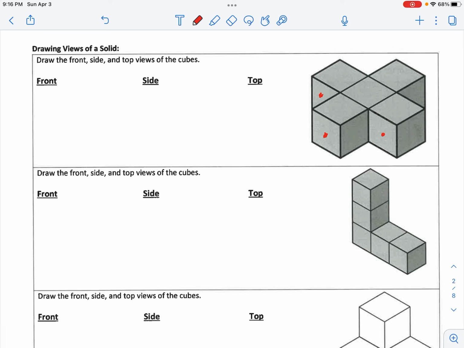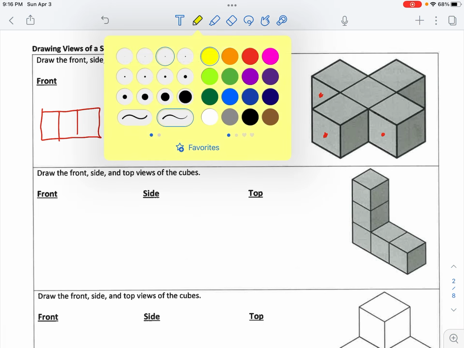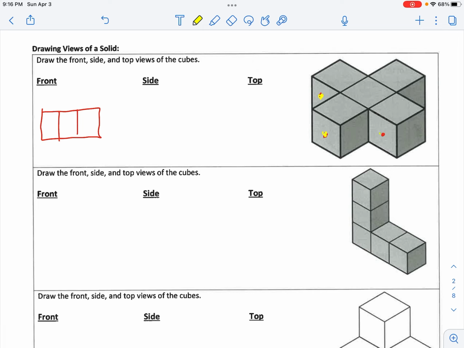So if we were looking at it just straight from the front, our view of it would look like this, okay? Because we would be seeing this one, and this one. And that's it. Because all the rest of them are going to be hidden from the front view.